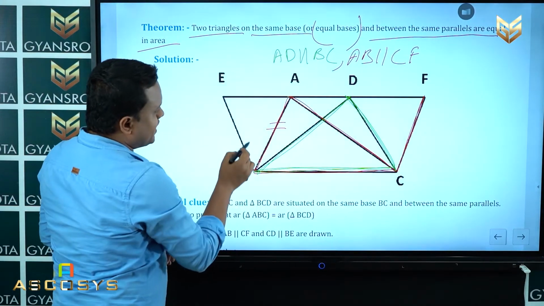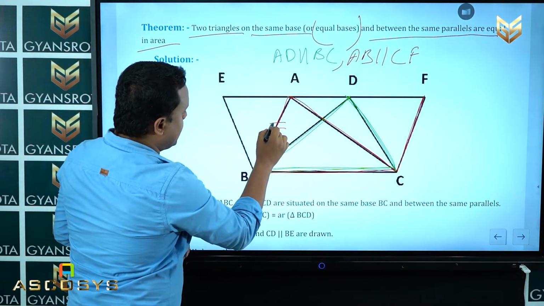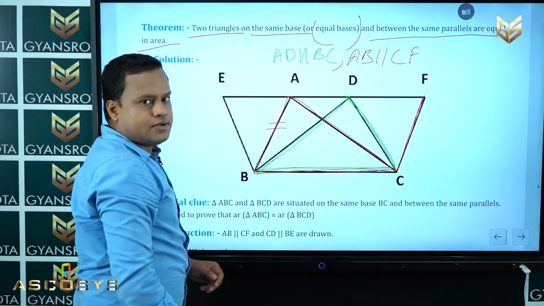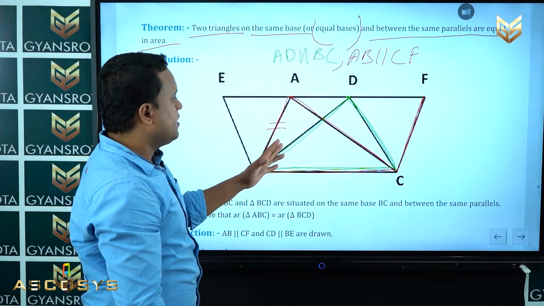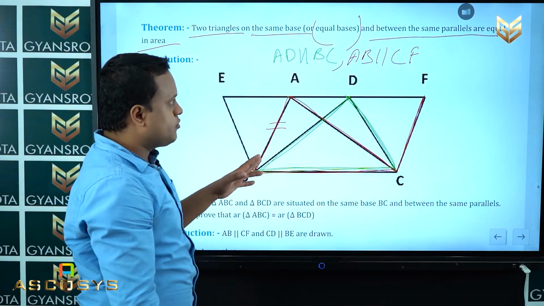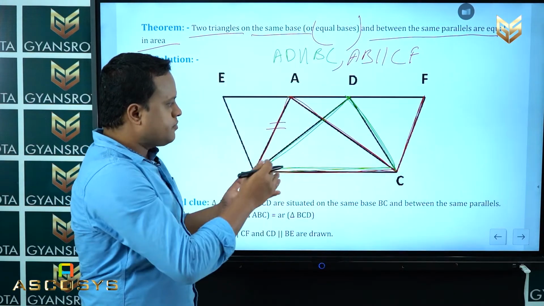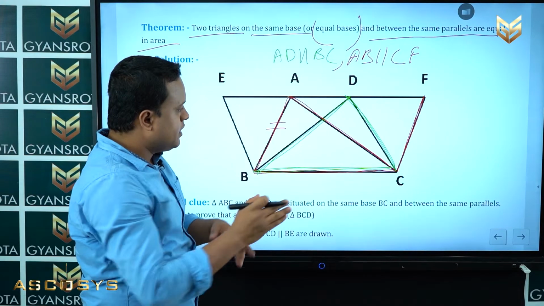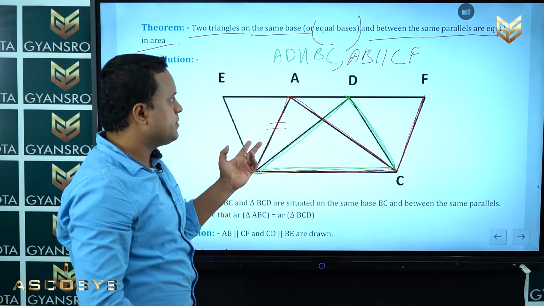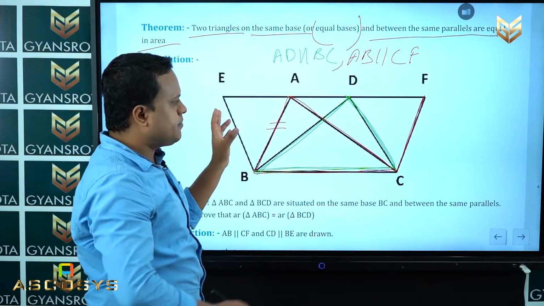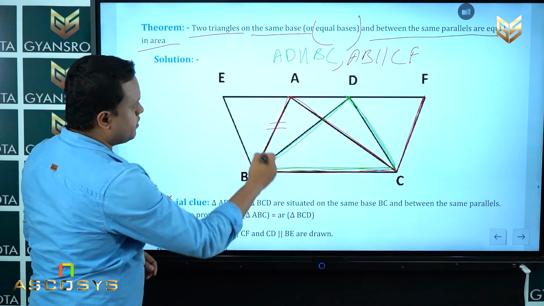So, to construct the parallelogram ABCF, we need to draw the line AB parallel to CF. This is one technique: whatever construction you do, base it on the theorems you have. In chapters like circles or triangles, whatever theorems you have, do the construction based on that theorem. Here we have parallels.